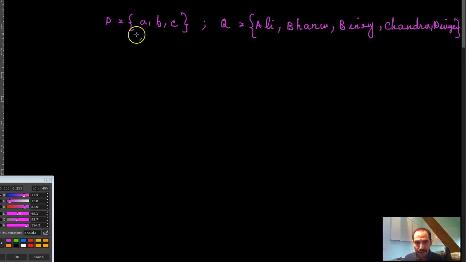So now you know that the Cartesian product of these two sets is going to be some set that contains 15 elements.